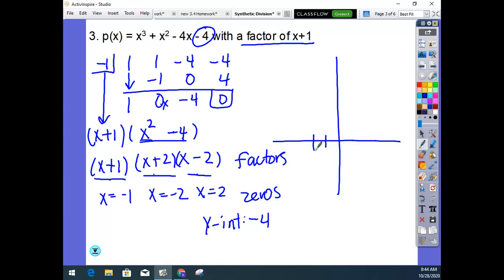So I need to go to negative 2, positive 2, positive 4, negative 1, negative 2. So I just graph my zeros and my intercepts. Start from the bottom, catch this, come back up. Done.